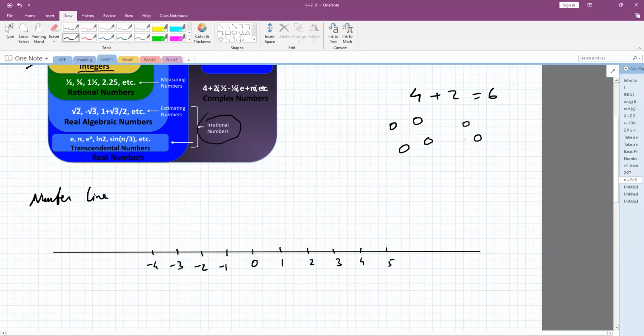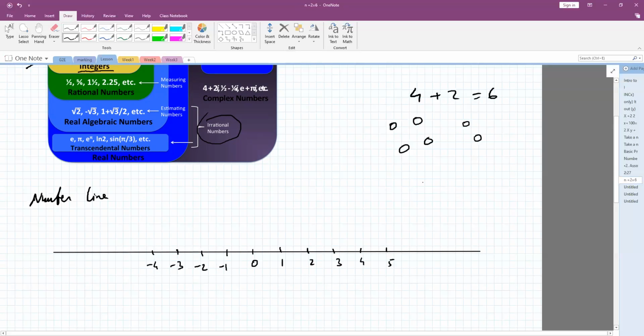But if you have something that includes negative numbers, last time I showed you one of them.